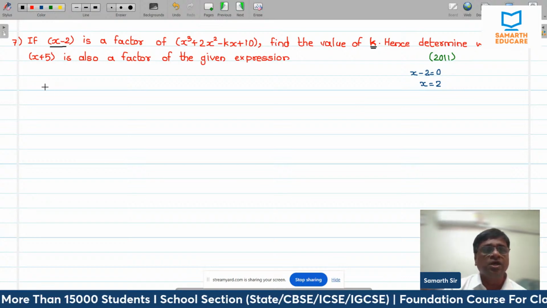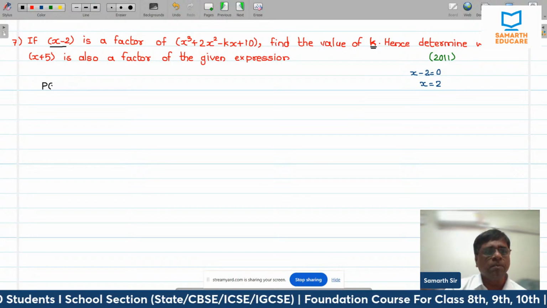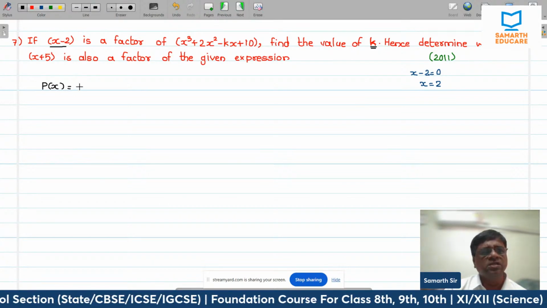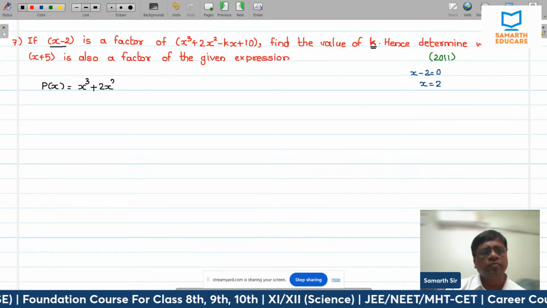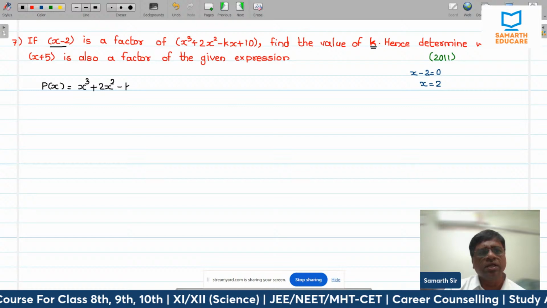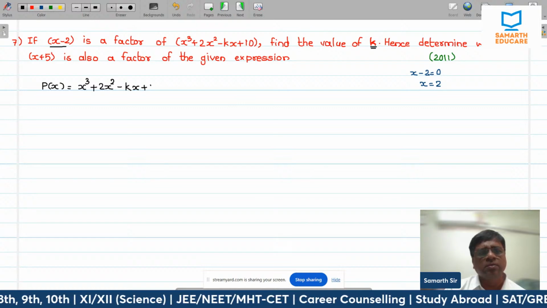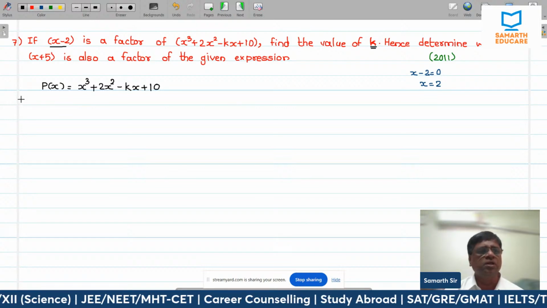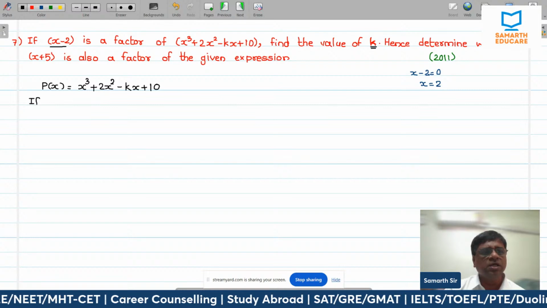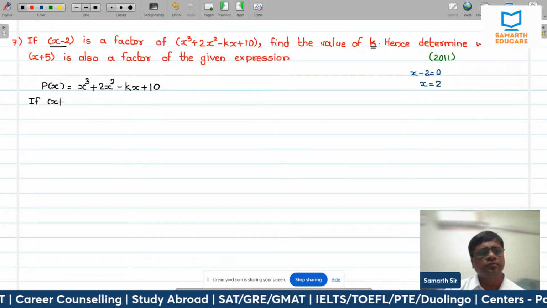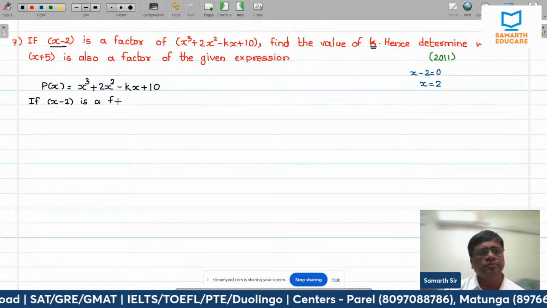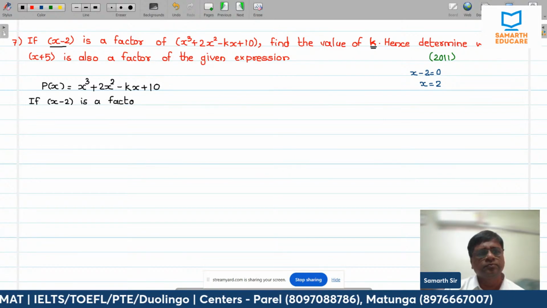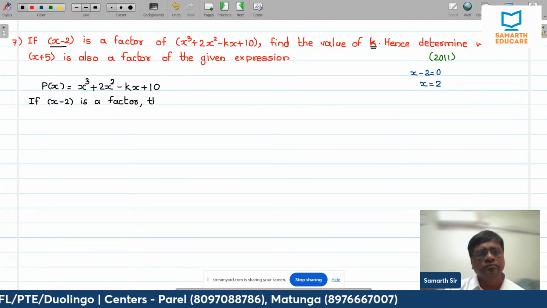That means if my polynomial is x cube plus 2x square minus k into x plus 10. This is the polynomial, right? If x minus 2 is a factor, right?